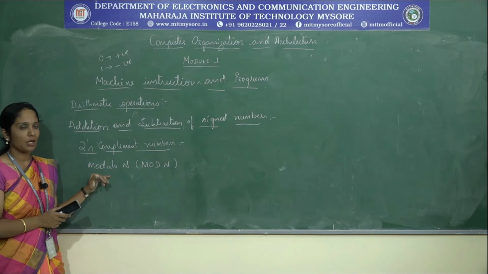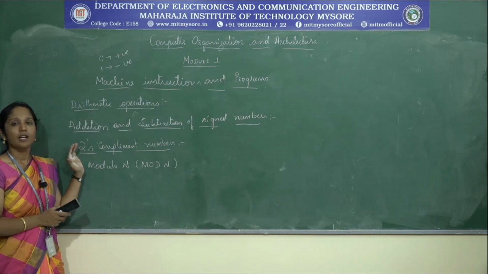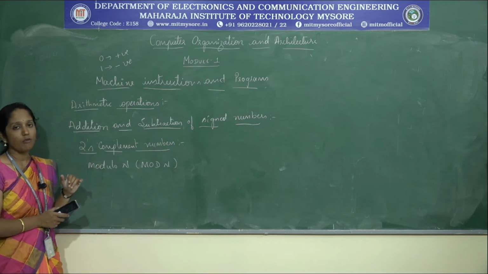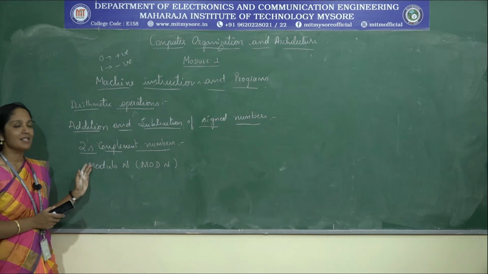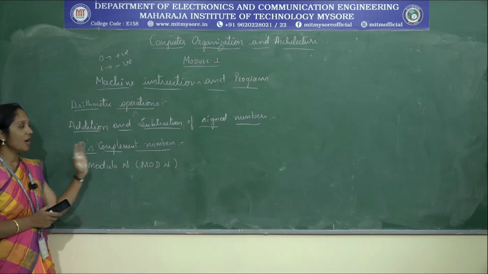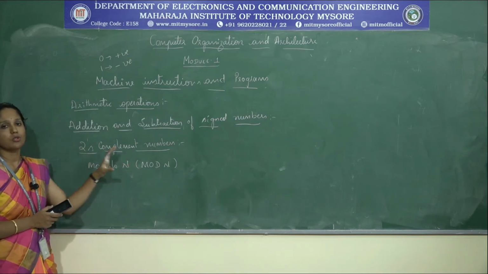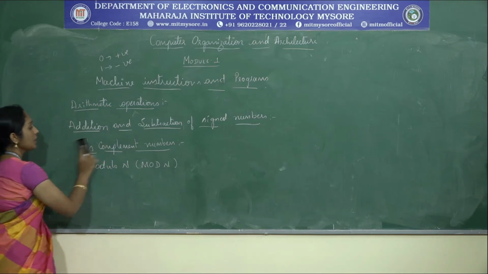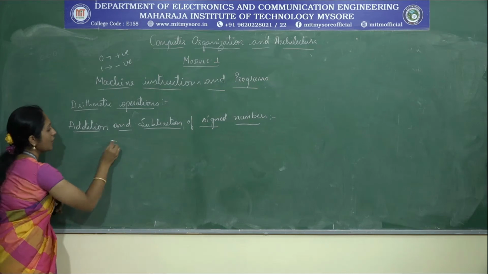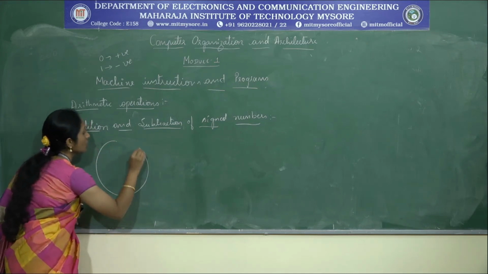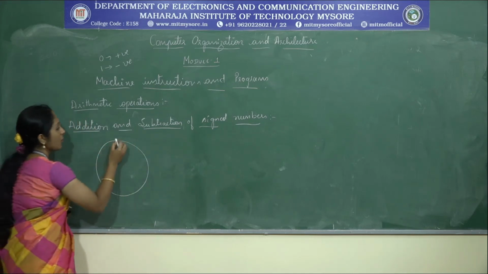Even without that we can do it, but using this graphical device we can easily understand the addition and subtraction of 2 numbers. So let me consider the graphical device so that we can understand how the addition and subtraction is performed in 2's complement form. The graphical device consists of n values 0 through n minus 1.